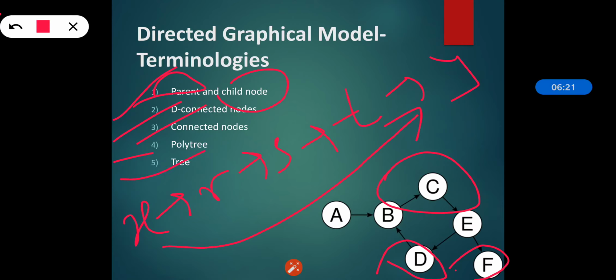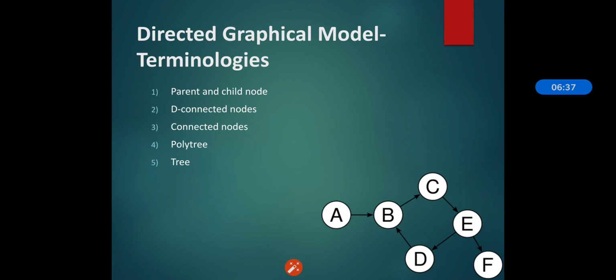Then comes the concept of a tree. The directed acyclic graph is also called a directed tree if and only if it is a polytree and it has exactly one node which has no parents, that is the root node.